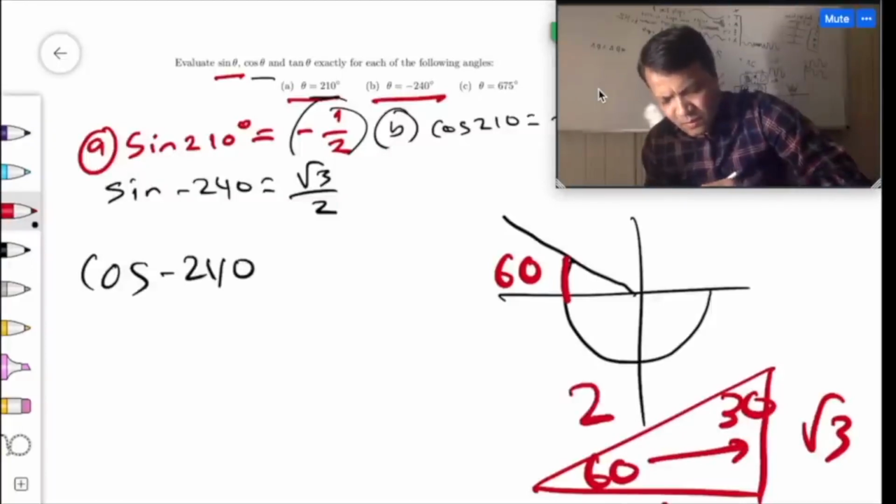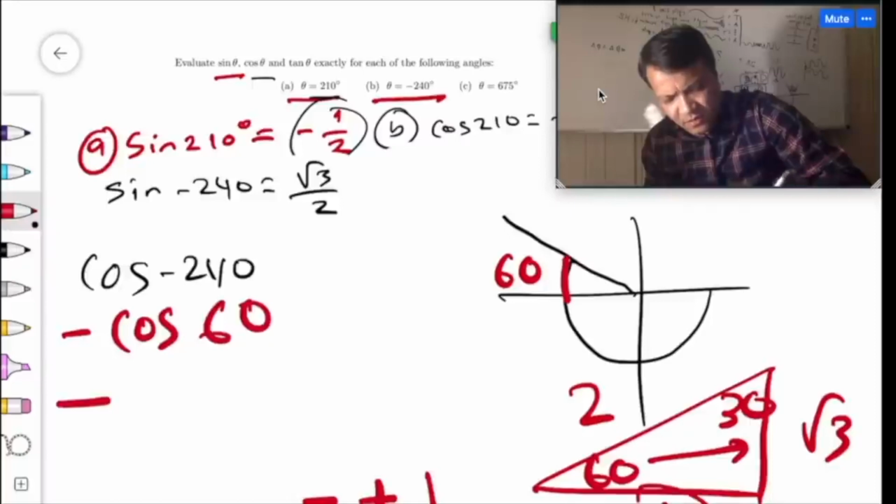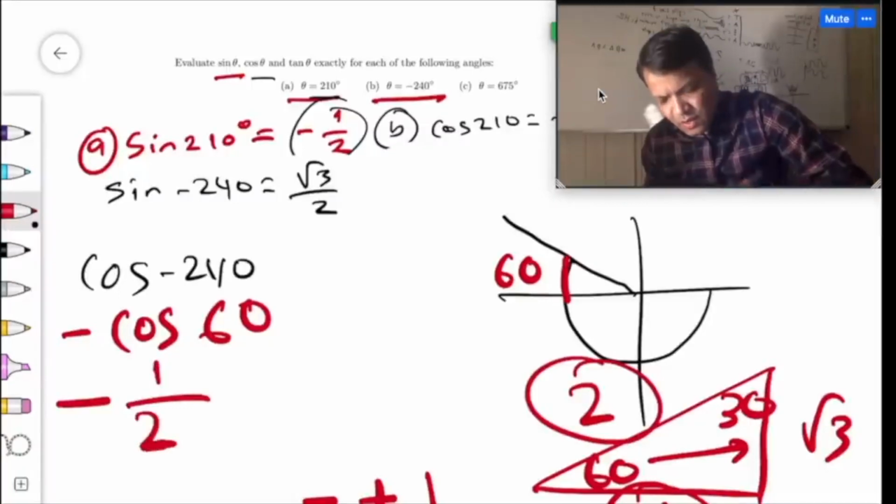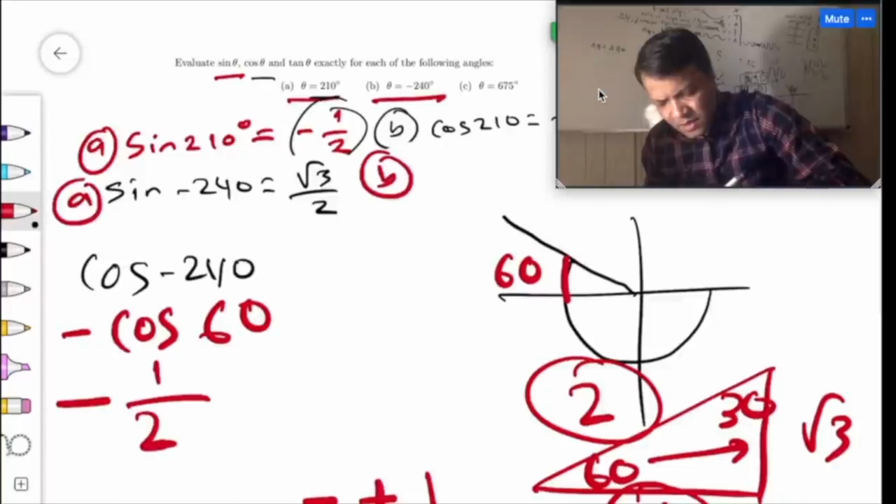In the second quadrant, cosine is negative and sine is positive, so this must be negative cosine 60. The negative x is 1 and r is 2. So cosine negative 240 is equal to negative 1/2.